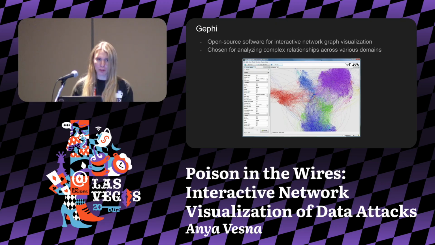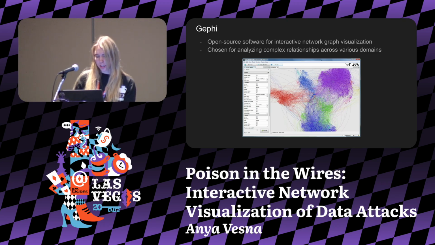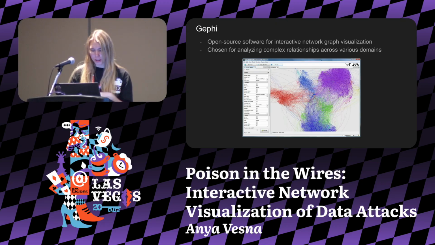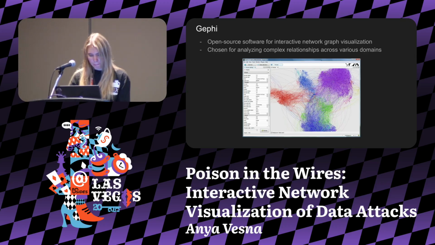You just upload a spreadsheet or CSV file with nodes and edges, and you can build your own network and customize its appearance. It's open source and completely free, so I think it's an amazing tool, and it inspired the tool that I made for this talk. It gave me an opportunity to compare healthy and tampered data in the same workspace.